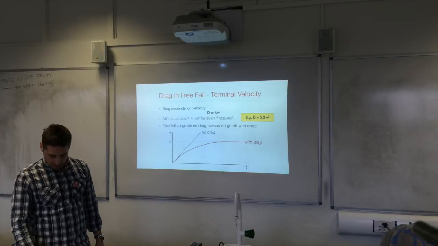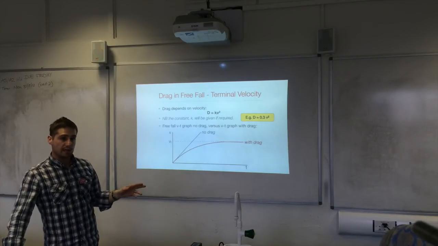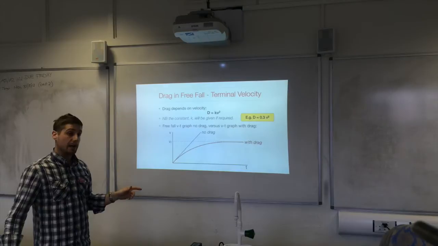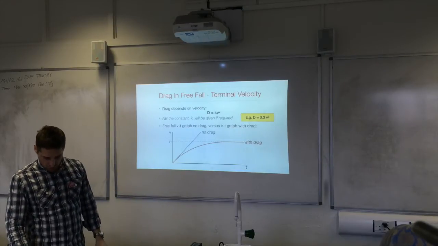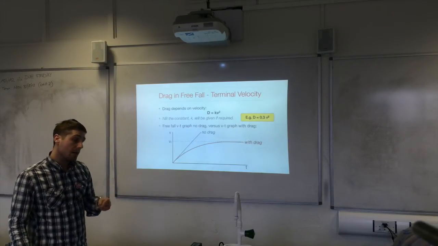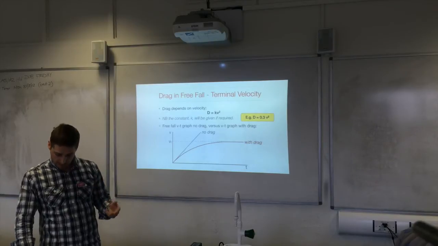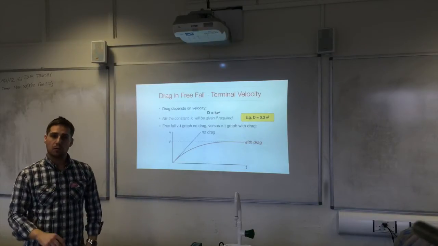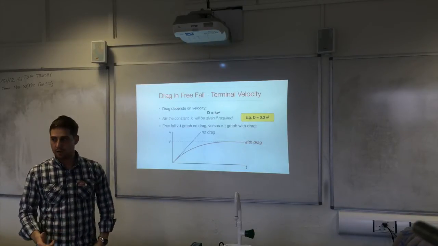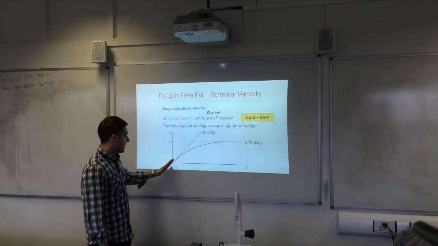As the velocity of the object increases, so does the drag. And therefore, the resultant force, which is equal to the weight minus the drag, decreases. And that gives you a decreasing acceleration. So let's look at the gradient.